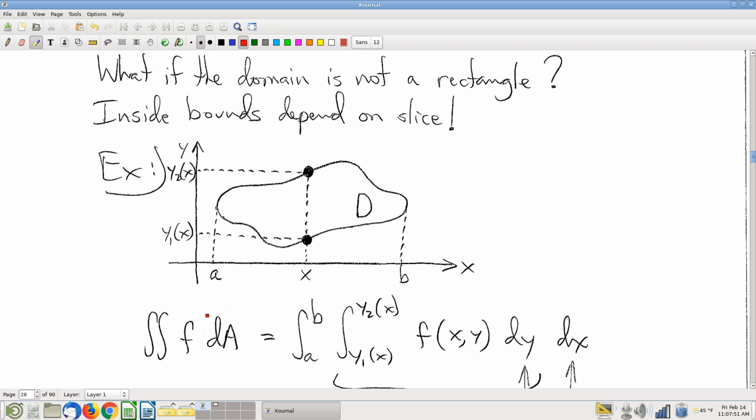How you compute that, good news, it's just like with a rectangular domain. Just for visualizing purposes, let's imagine you have a volume sitting up over this area, and you chop that volume up into little pieces of volume. You're going to have cross-sectional areas.